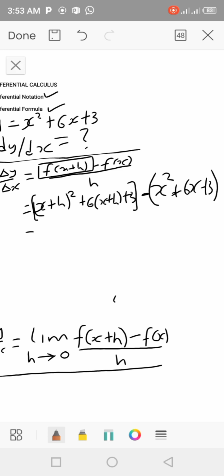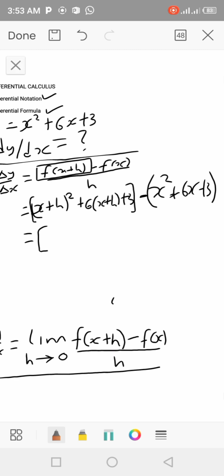Now you want to open the inner brackets, which is x plus h raised to power 2, and to find that you can apply the algebraic identity of square of a sum.